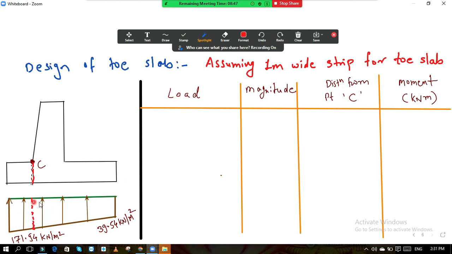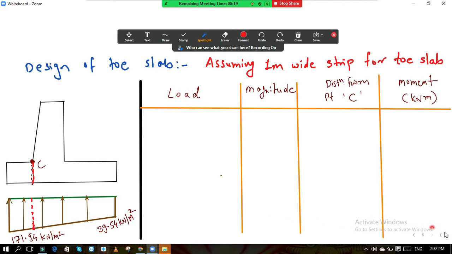If this total is 3 meter, first we need to divide this trapezoid into a triangular shape, and then we have to calculate this ordinate. Upward pressure will be this pressure. Whatever you are seeing over here, this area, whatever may be the rectangular area, the corresponding area of the soil will exert the upward soil pressure.